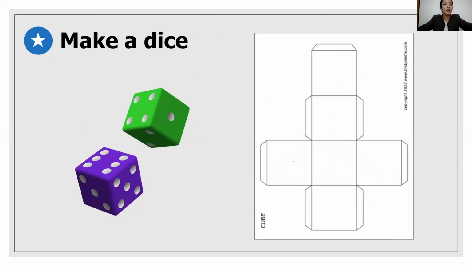Make a dice. This is a cotton panel, and I put Velcro on the back side of the laminated print. Then I put them like this, so students will throw these kinds of dice and they can answer about the animals or the numbers, anything that uses the target grammar.